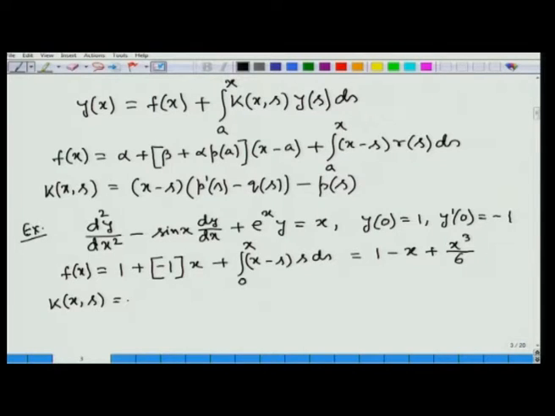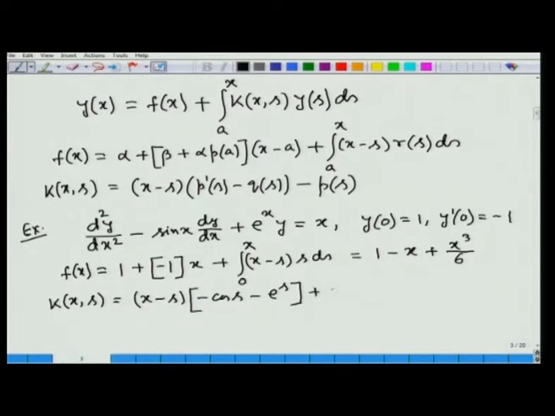and similarly if you calculate the kernel of this integral equation. So, this will be x minus s multiplied with p dot s, p is minus sin s. So, that means it will be minus cos s, then q is e to the power x. So, that means minus e to the power s minus p s.